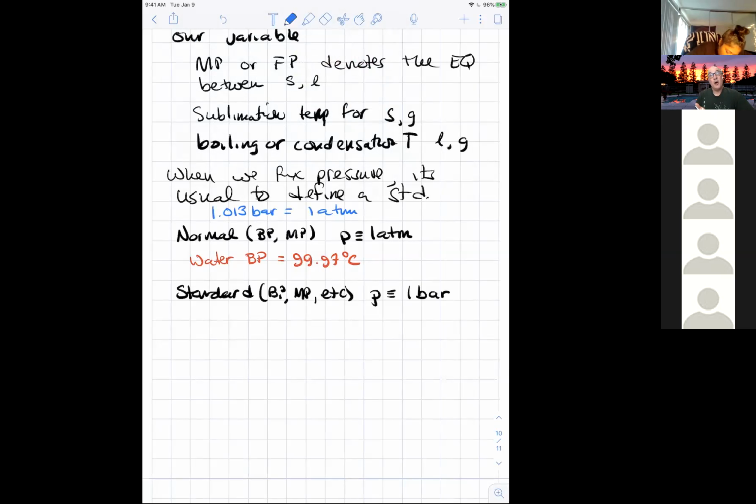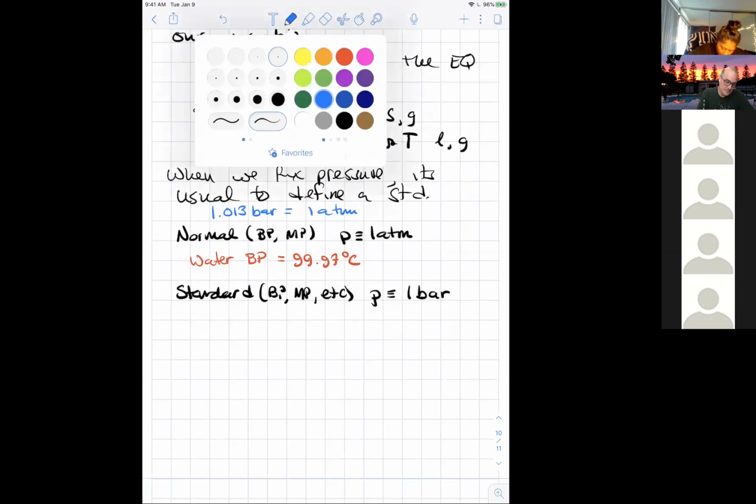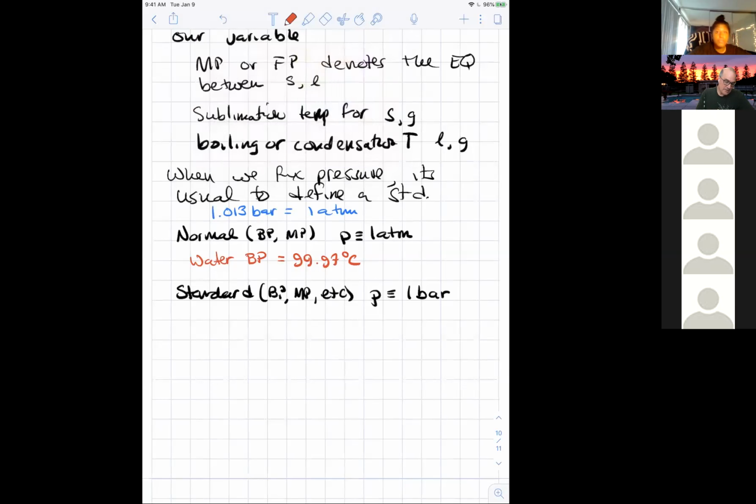So a bar increment is a little bit smaller than an atmosphere increment, right? Because we need a little teeny tiny bit more of a bar to reach the same pressure. So that means the water boiling point, if it's a standard boiling point, is 99.61 degrees C, right? A little bit less actual pressure means a little bit easier to boil, right?